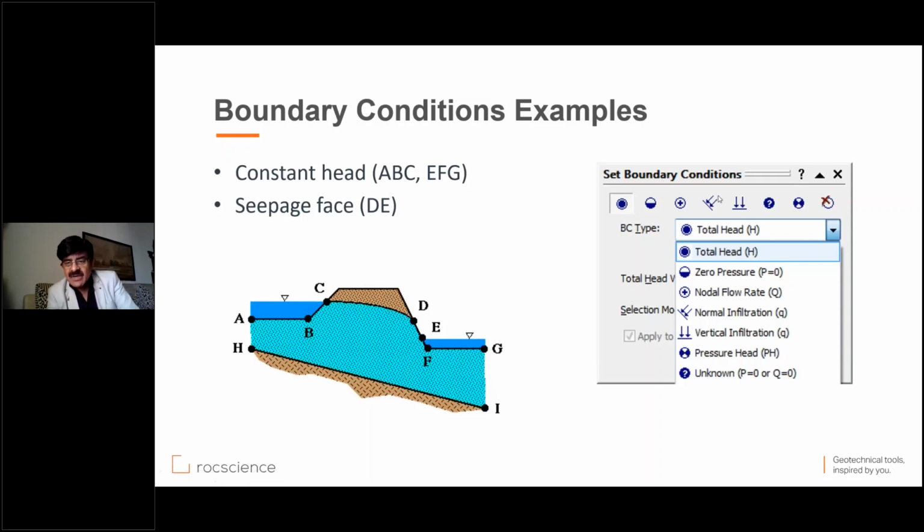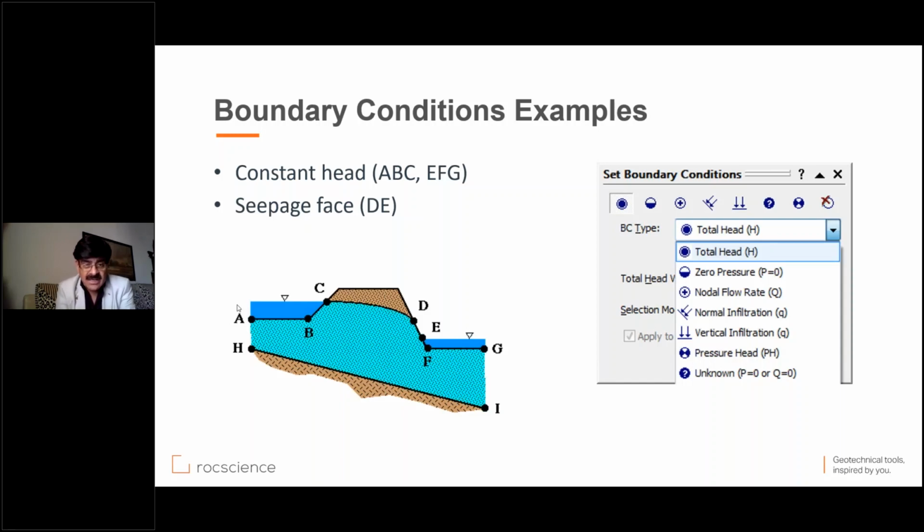Two examples of boundary conditions are shown here: constant head and seepage face. Constant head, if you look at this sketch where the cursor is, segments A, B, C and E, F, G are examples of constant head, where constant head of water is present at all times.